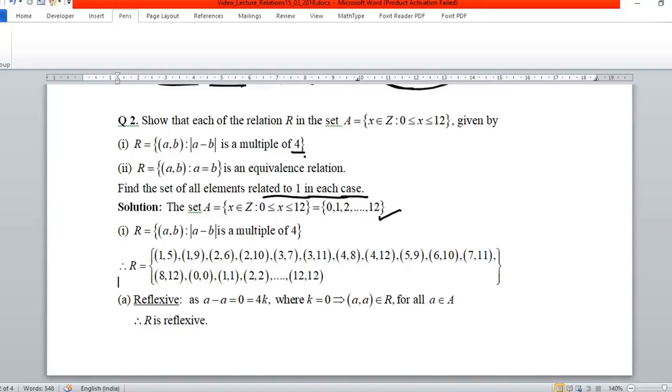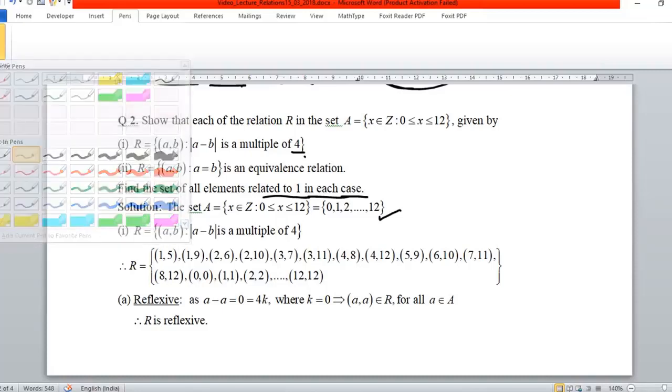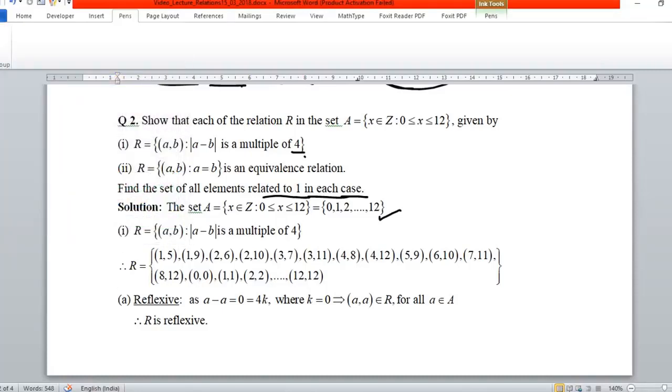The first part says R is a relation which contains elements of the form (a, b) such that a minus b, or the mod of a minus b, is a multiple of 4. If it is divisible by 4, a multiple of 4, or 4 is a factor of it, we are going to write the same solution for the question. According to this definition, a minus b is a multiple of 4.